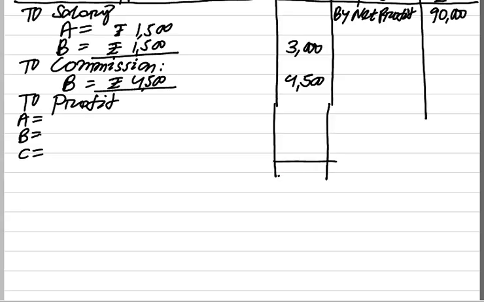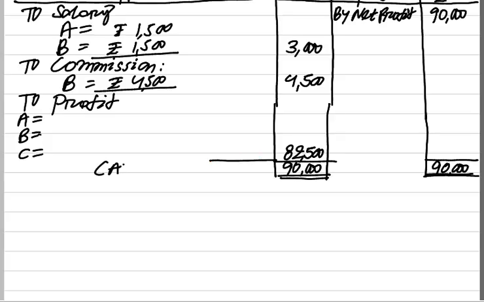This is 90,000 minus these two, which is equal to 82,500. A is to B is to C is equal to 3:3:2.